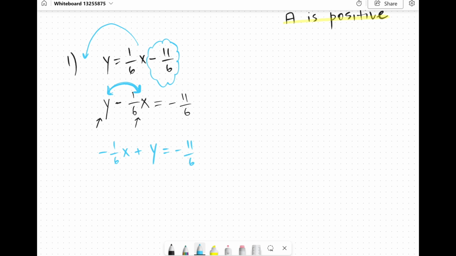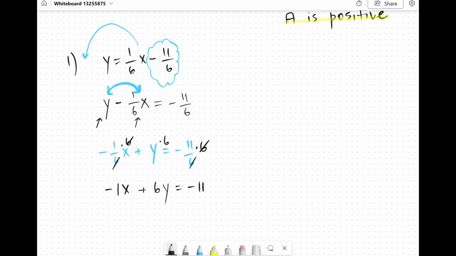Now we go to the condition that a, b, and c cannot be fractions or decimals. Some of our numbers are fractions, so I'm going to remove those fractions by multiplying every term, including the y that is not a fraction, by that 6. 6 is cancelled where you had fractions, and you're left with -1x plus 6y equals -11.